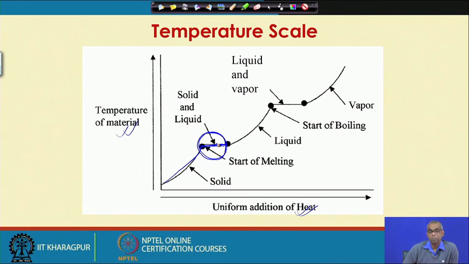That condition may work as a standard temperature or fixed point. Note that here as we supply heat, temperature does not change. When the melting of the solid becomes complete, that means you have only liquid, again the temperature starts increasing.